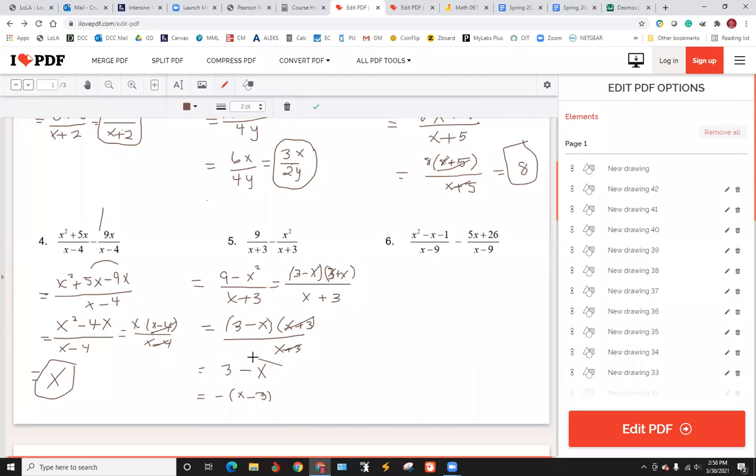So this is technically the answer there. But I was showing you how you can make it into an x minus 3. So in the event there had been an x minus 3 down here, you could take these two out, but you've got to put a negative sign in front of the 3 plus x, or the x plus 3. All right, just remember that.